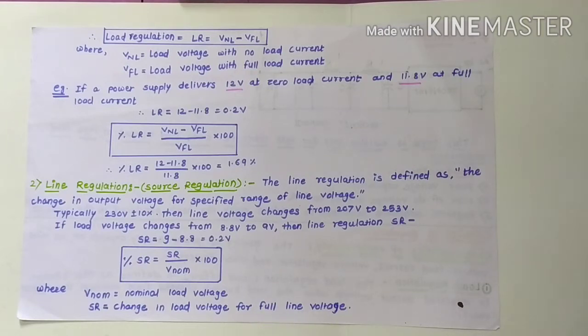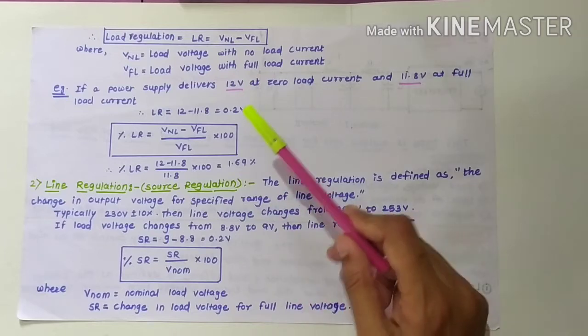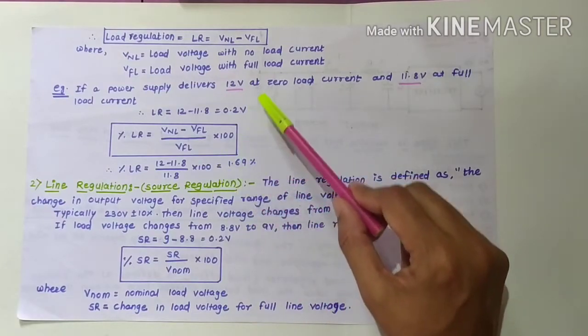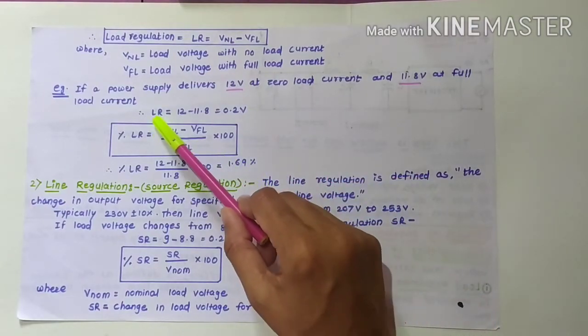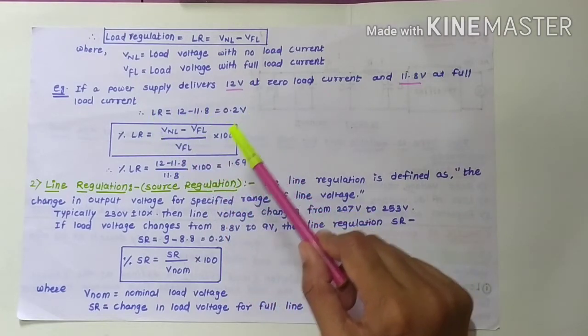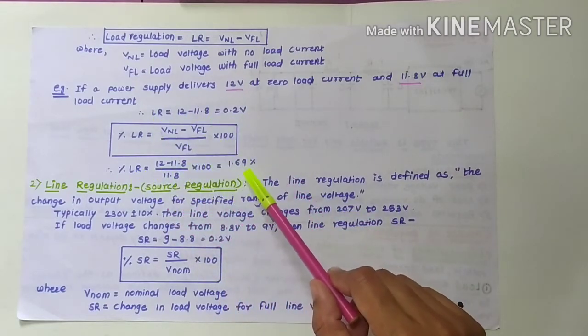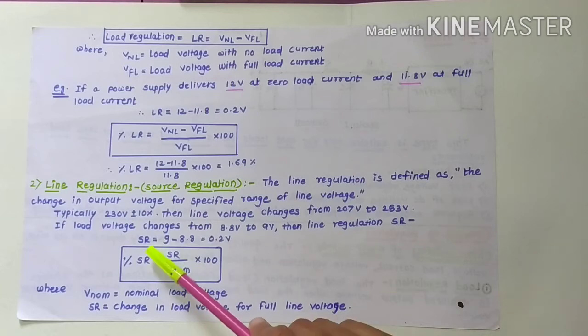Okay students, if you analyze carefully, see here, load regulation is 0.2, or in percentage 1.69%, and source regulation is also about 0.2.